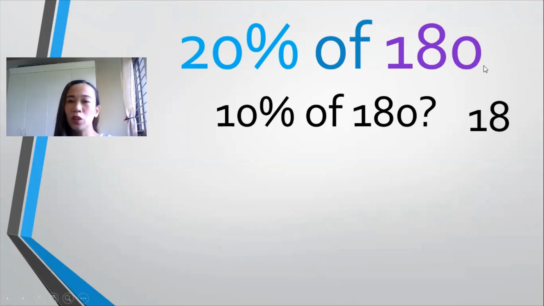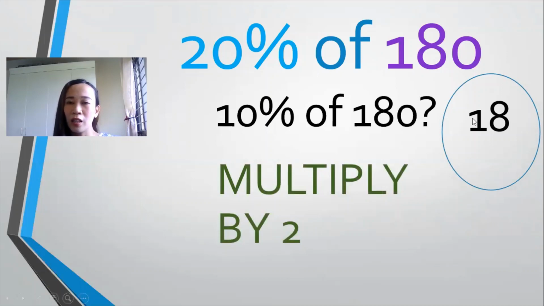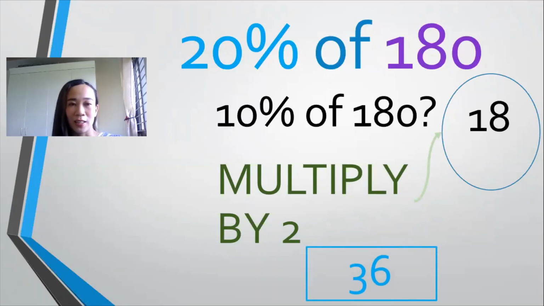We just move the decimal point one place and we have 18. And since we're looking for 20%, we already have 10%. All we have to do now is to multiply the 18 by 2 so that we will have 20%. So our answer is 36.